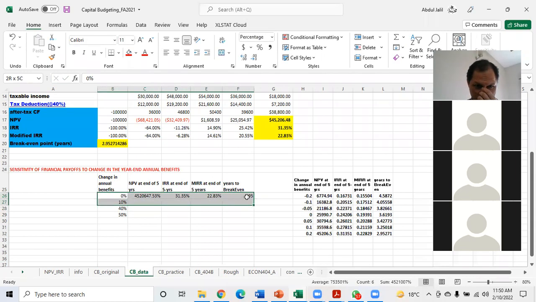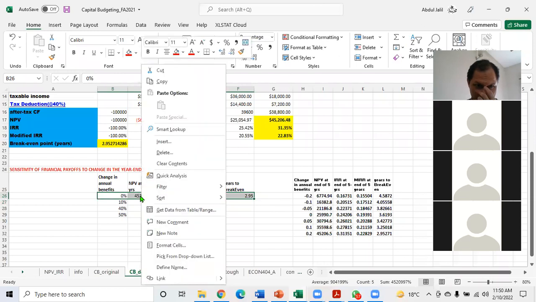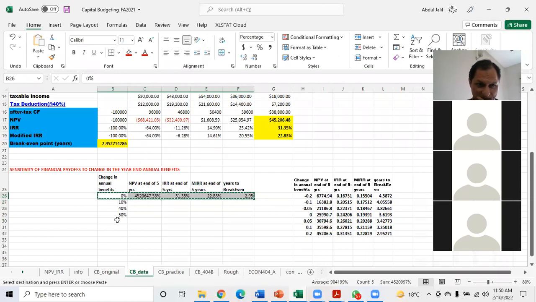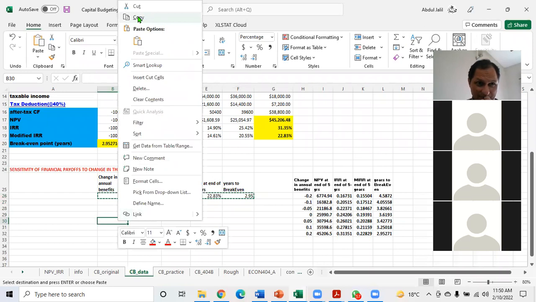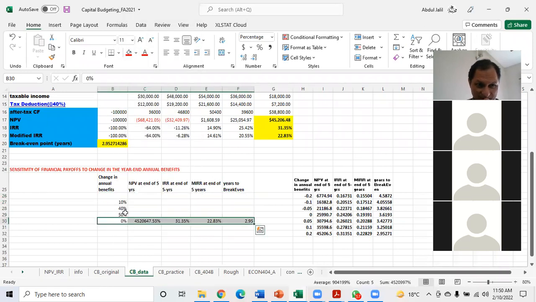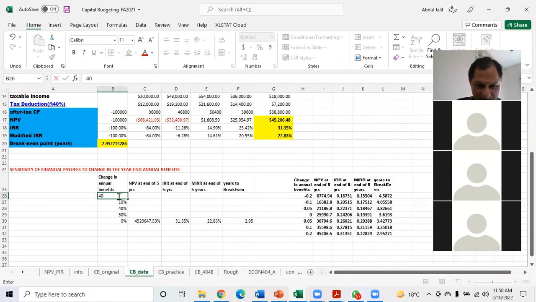Let's suppose if I'm going to copy this, cut and paste, and then we are going to move. Let's suppose 40% change, 25% change, 10% change, 3% change, right?